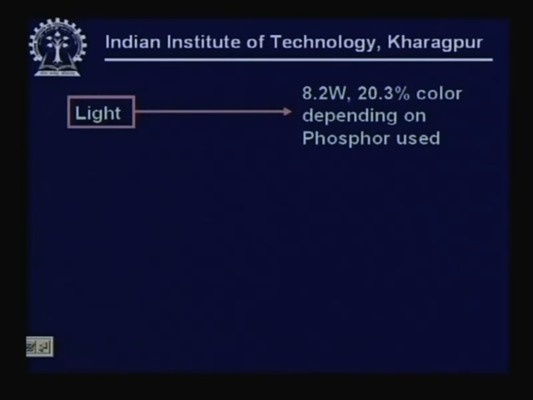So, essentially we get about 8.2 watts and 20% of the energy is being used, and color of course depends on the phosphor used. To some extent color can be altered by way of the usage of appropriate envelopes.